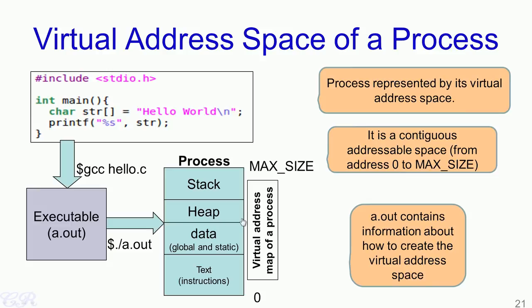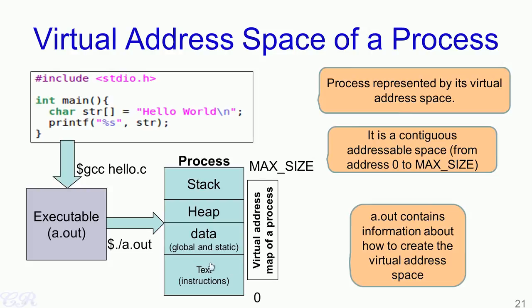Essentially, when the program is compiled and linked, the compiler will put a lot of this information in the executable a.out. So, when executed, the operating system will read out this information and then determine where in the virtual address space these various segments should be present.